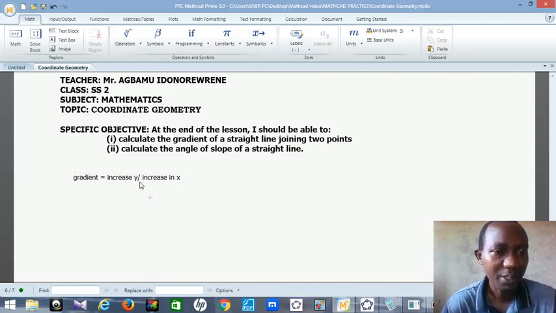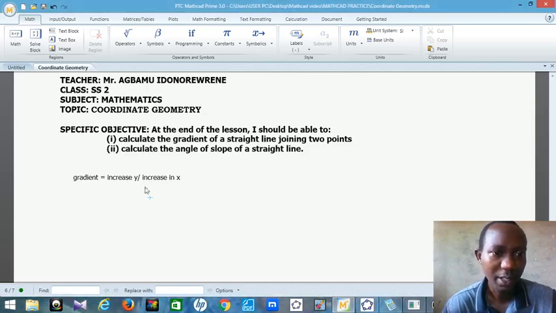So what increase in y means and increase in x means is just telling you how y is changing with respect to x. That is what this statement means.